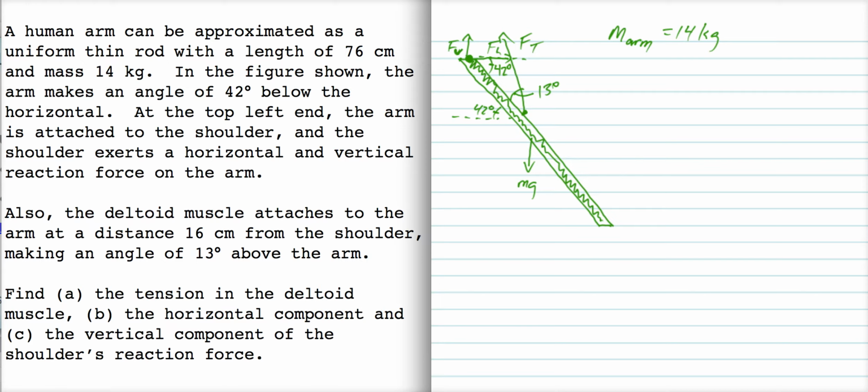That's going to be too messy to try to draw all those distances in. And we've got horizontal and vertical reaction forces. There aren't any other forces acting on the arm at this point. My sign convention is the standard Cartesian sign convention: to the right is positive, up is positive, and counterclockwise is positive.